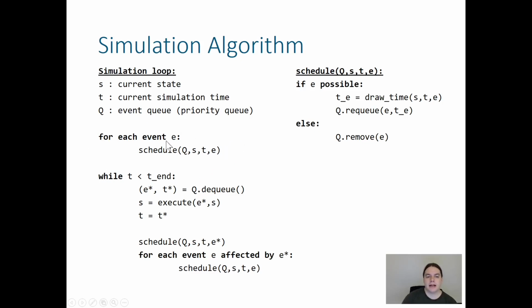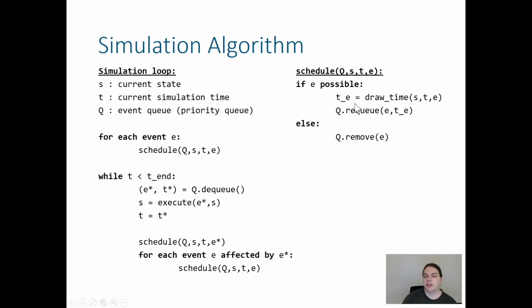And here's what scheduling looks like. If E is a currently possible event, we draw the execution time, in our case from an exponential distribution, and then we requeue this event at this execution time.